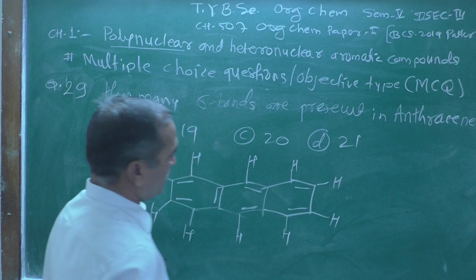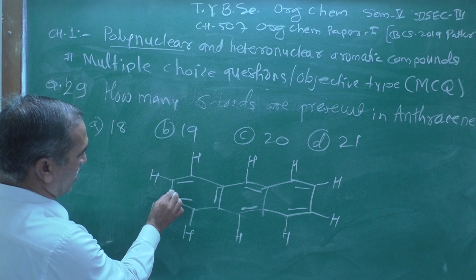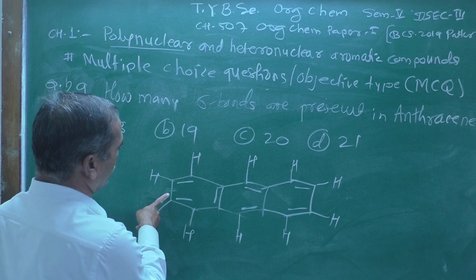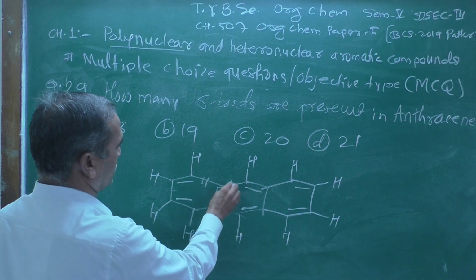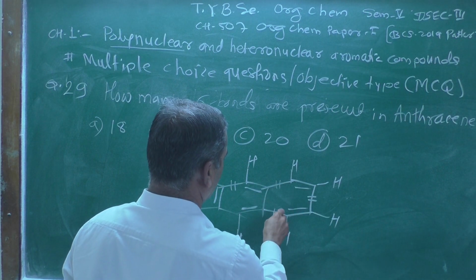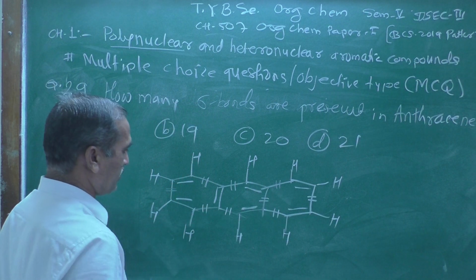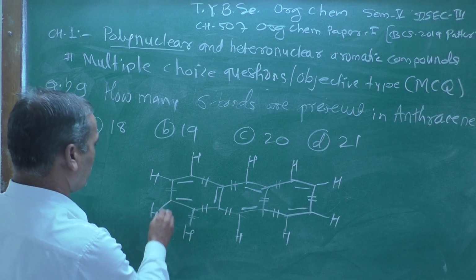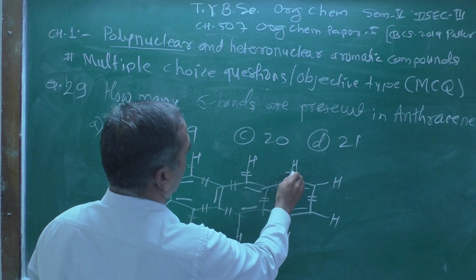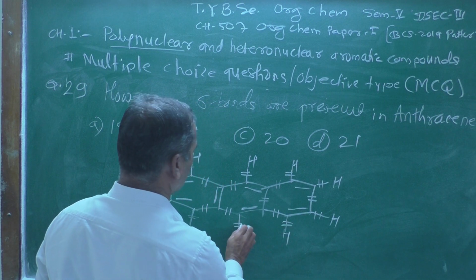See here. Now first find out the sigma bonds. Here I am marking. This is one of the sigma bonds. So here 1, 2, 3, 4, 5, 6, 7, 8, 9, 10, 11, 12, 13, 14, 15, 16, 17, 18 and 19.